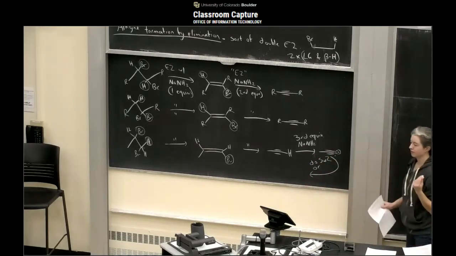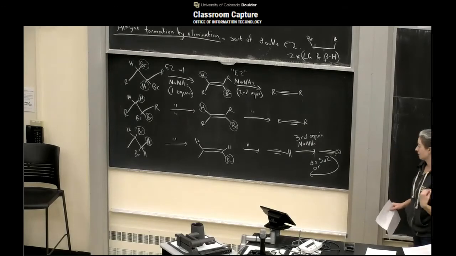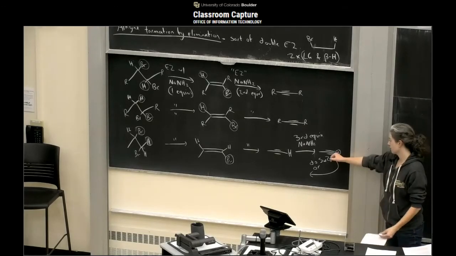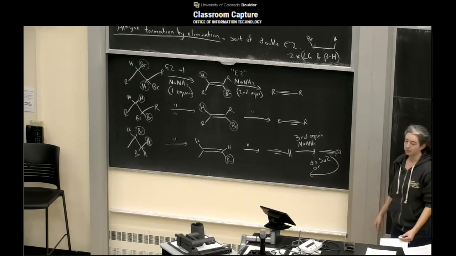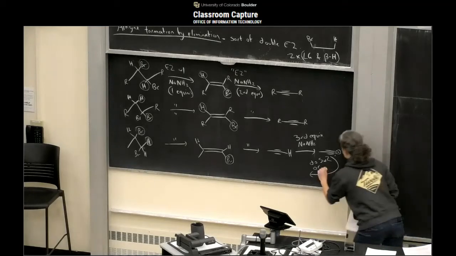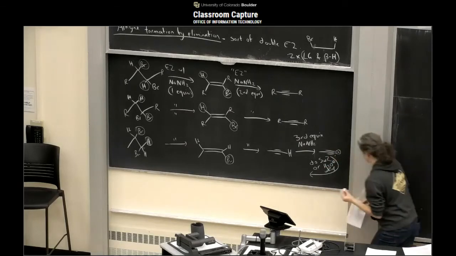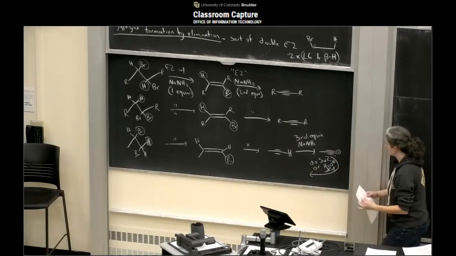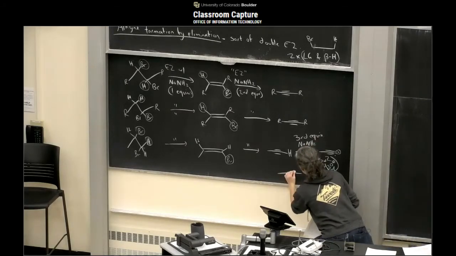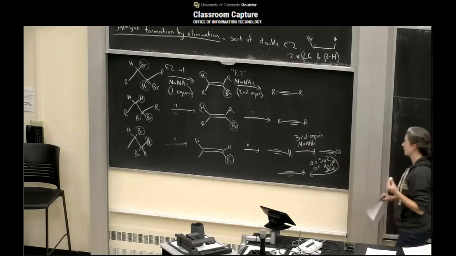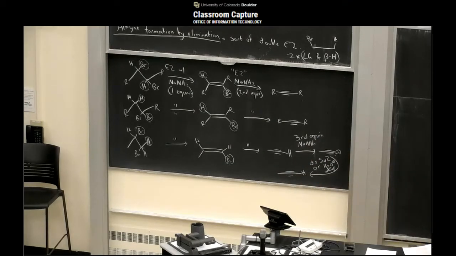Or if we just want the regular alkyne, we don't want it to go attack anything, at this point we can just stick the proton back on there, and we would do that by an acidic workup, so H3O+. That says workup, but if we do the workup, we're just going to stick the proton back on there and get to the neutral alkyne again.